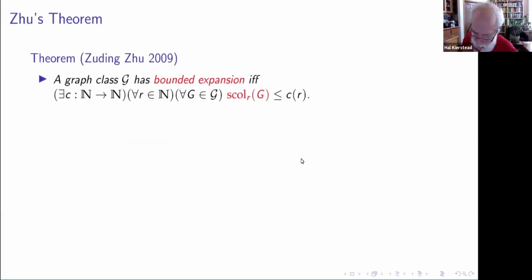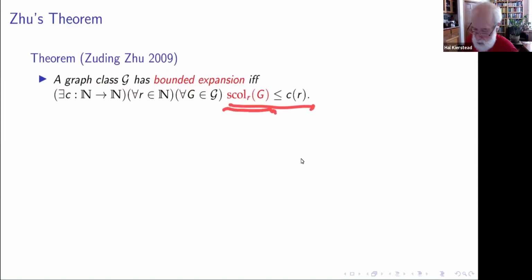Now what ties everything I've been talking about together is this theorem of Zhu, that a graph has bounded expansion if and only if the sequence of strong coloring numbers are bounded. And of course, if the strong coloring numbers are bounded, then the weak coloring numbers are bounded and the game coloring numbers are bounded.